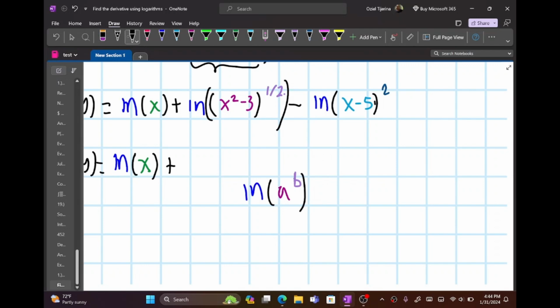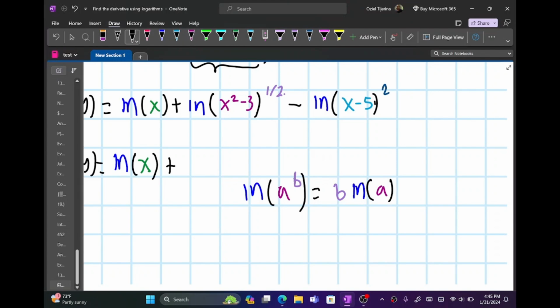Actually, no, I'll keep it the way it is. It's going to be b ln of a. I was going to write it a different way, but never mind. Just know that this is why I'm doing this part. I don't know why I'm making it more complicated than it has to be. My bad, guys. I apologize.